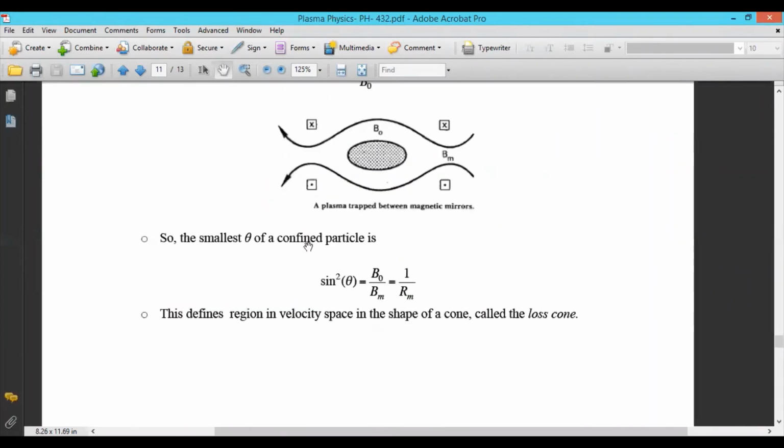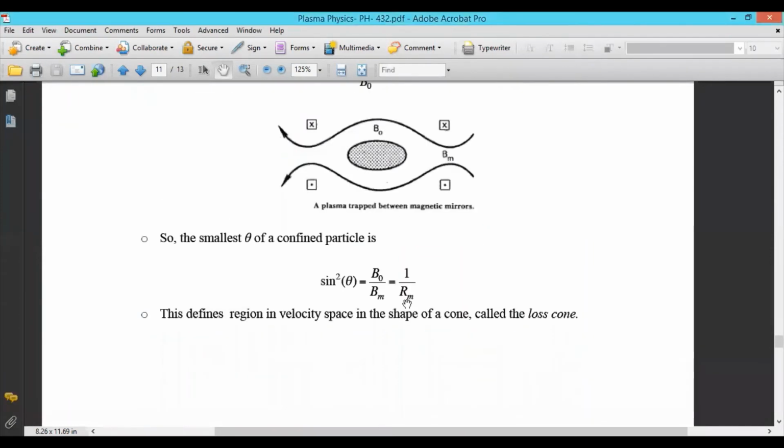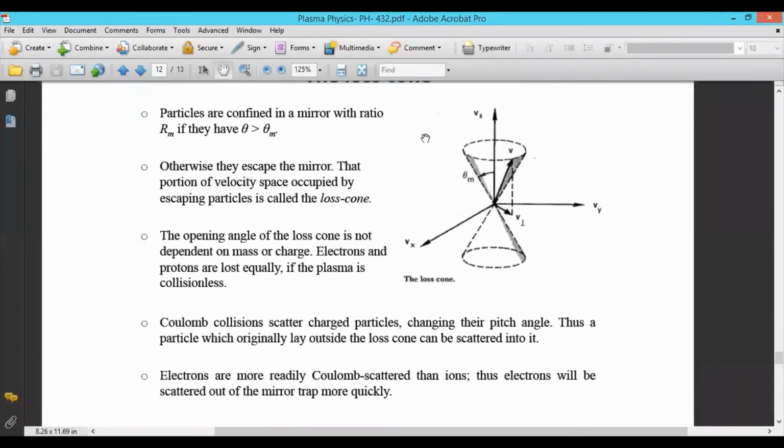For a confined particle at the limiting angle, sine square theta should be equal to B naught over Bm, or we can write it as 1 over Rm. So this defines a region in velocity space in the shape of a cone. This cone is called the loss cone. We can see that there is a cone, and this is theta m.